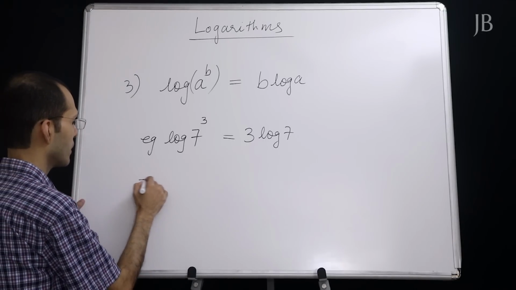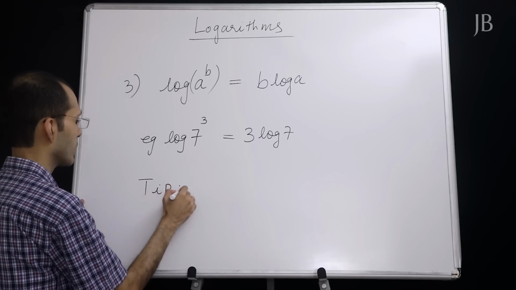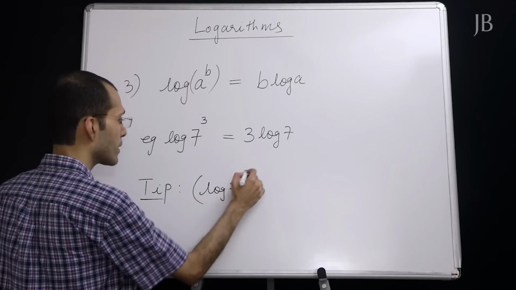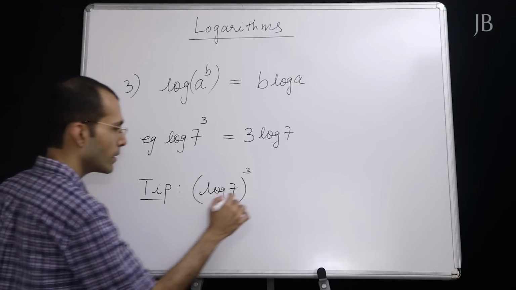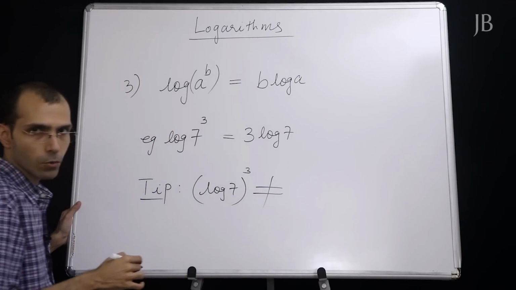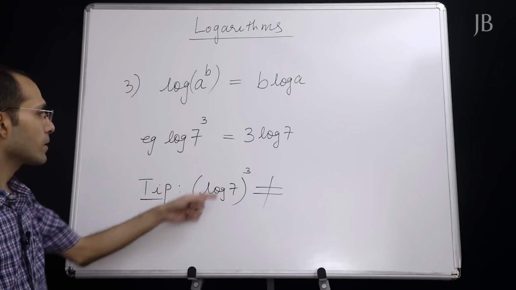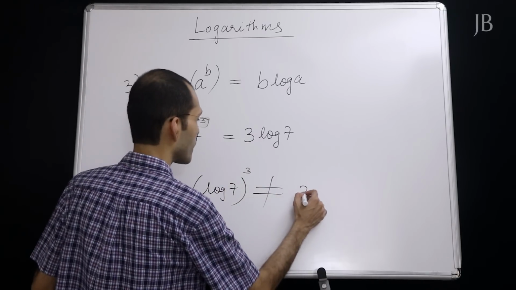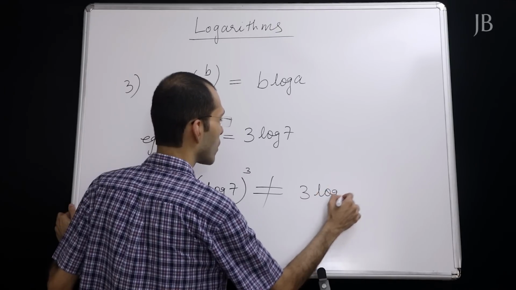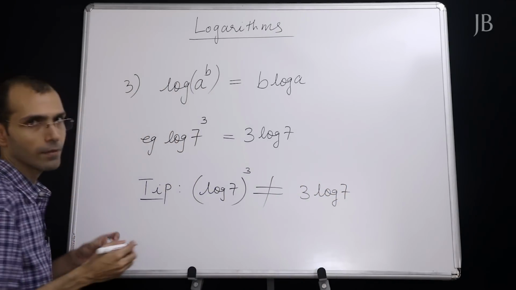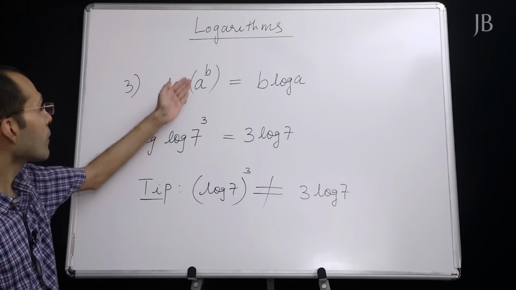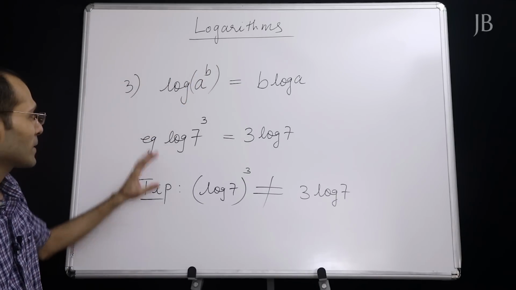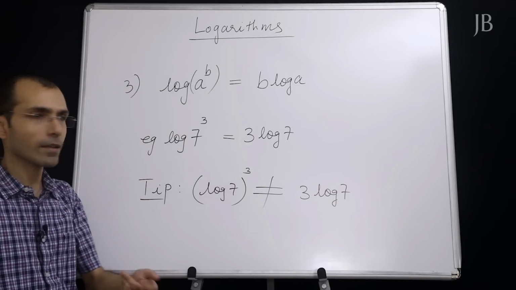Now, however, caution, log 7 the whole raised to 3 is not equal to 3 log 7. This is log of a raised to b. It is not log a the whole raised to b. So see where the law can be applied and where it cannot be applied.